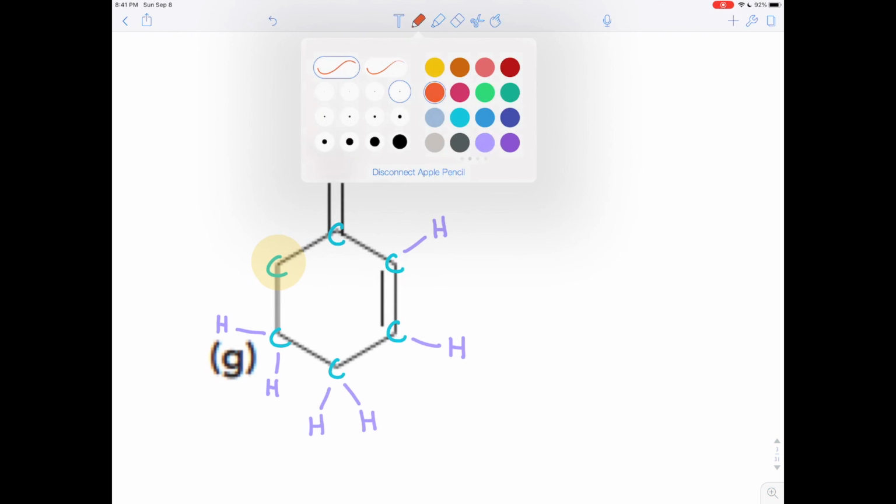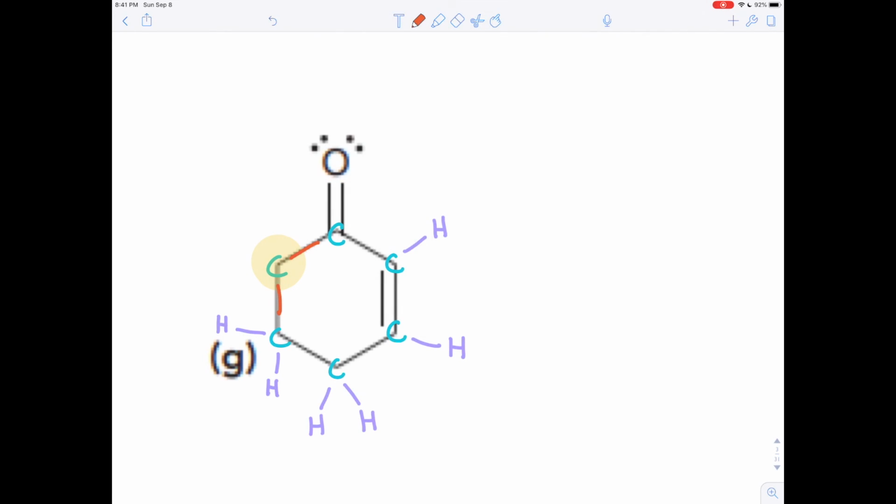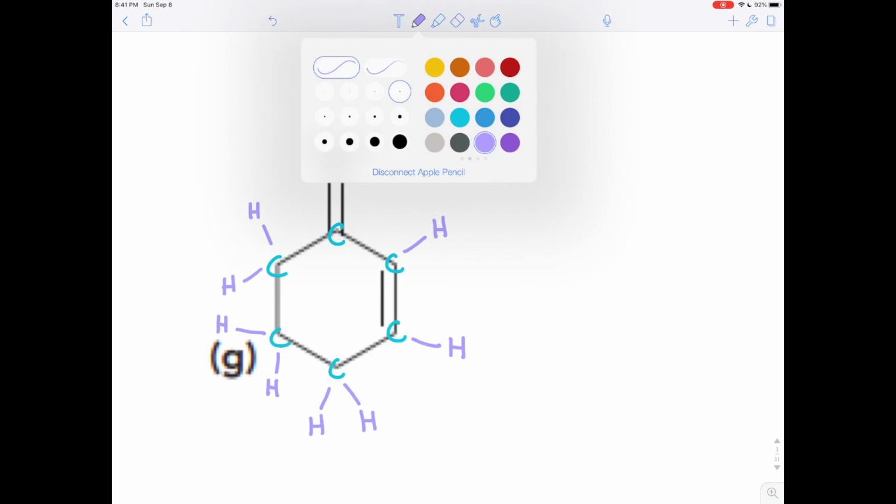This carbon here has 1, 2 bonds around it that are drawn explicitly. It actually has 4 bonds though, otherwise it would have a formal charge. The bonds that aren't being drawn are implied, and those implied bonds are always to hydrogen. So that carbon has 2 hydrogens around it.